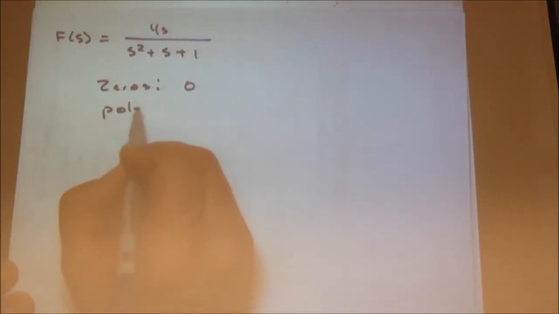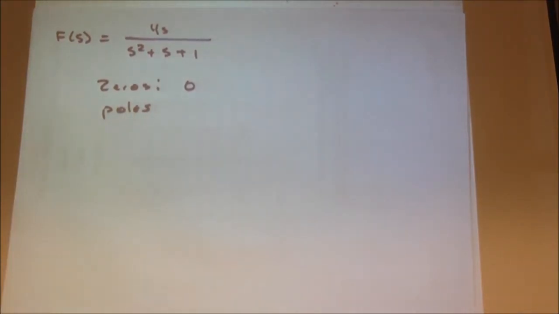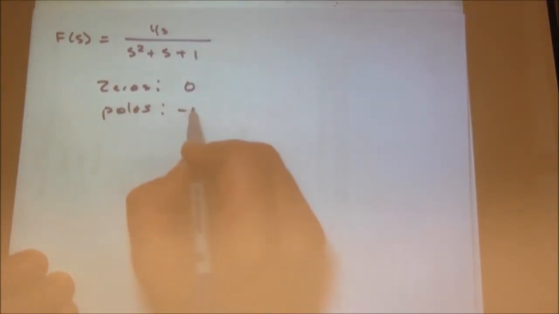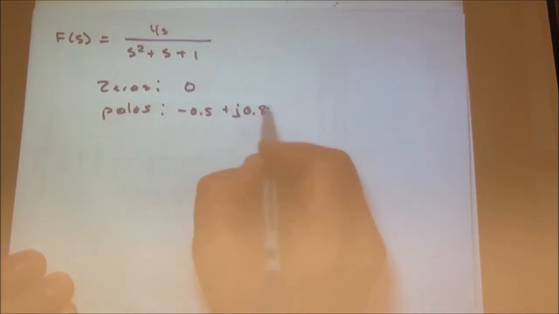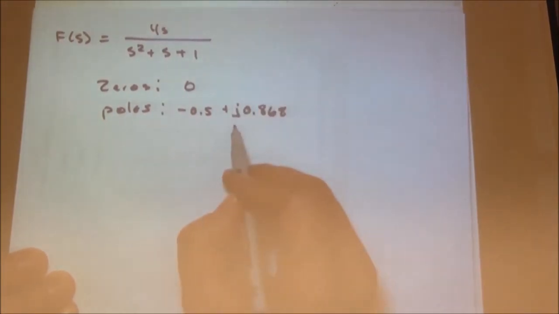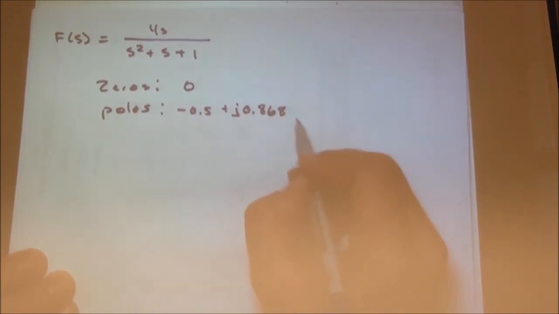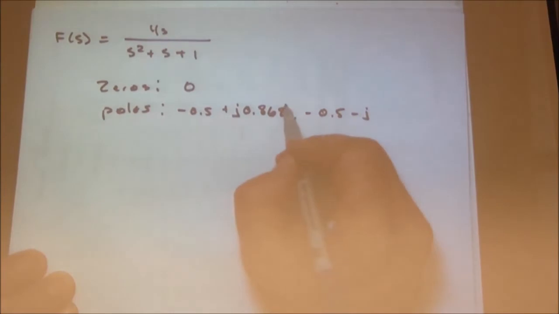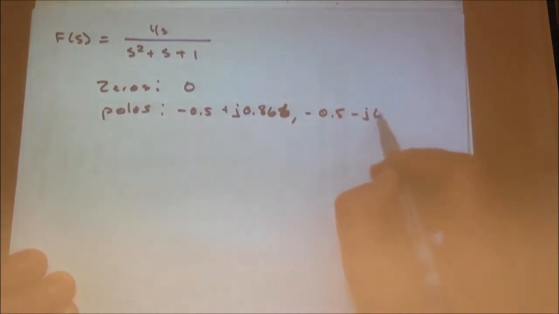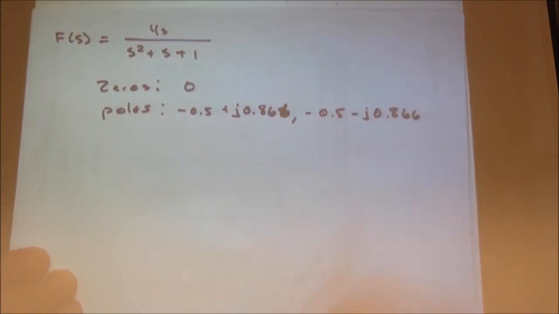And then we have a pole at minus 0.5 plus j 0.866. And again, I use j. Get used to it. Minus 0.5 minus j 0.866. So those are the poles associated with this quadratic denominator.